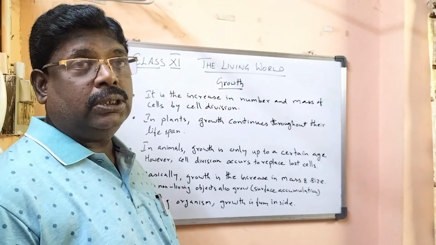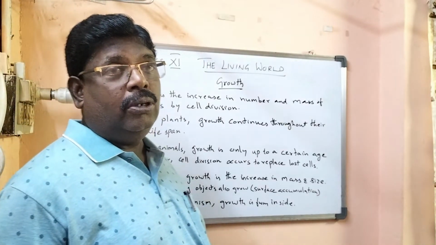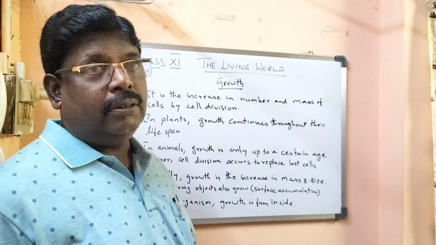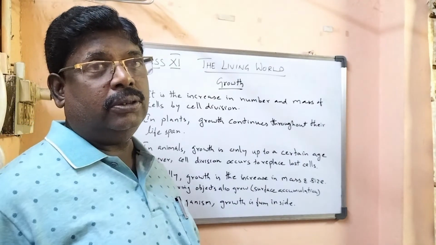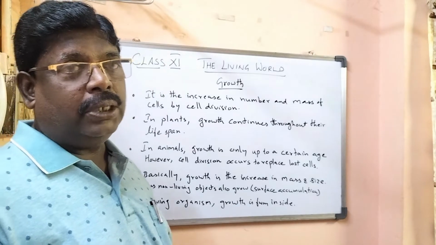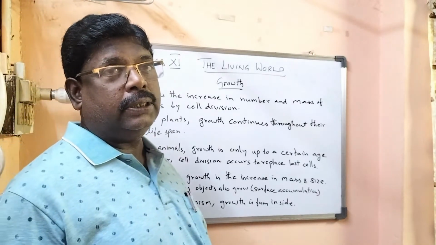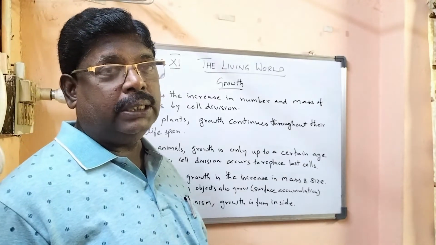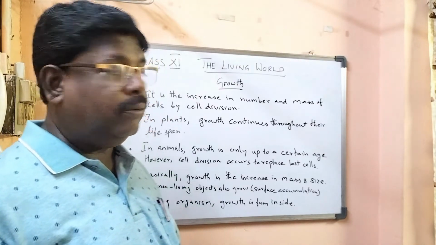Non-living objects will also grow. It is due to accumulation of surface material. You can see even the mountain grows, little by little, due to accumulation of surface material. Then boulders, sand dunes. So these non-living objects are also growing, and it is due to accumulation of surface material.